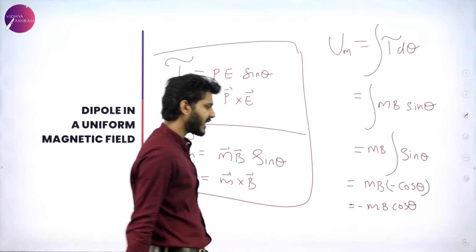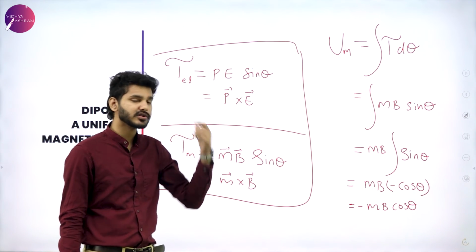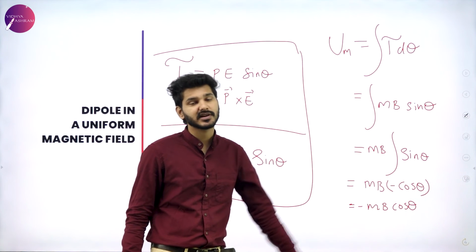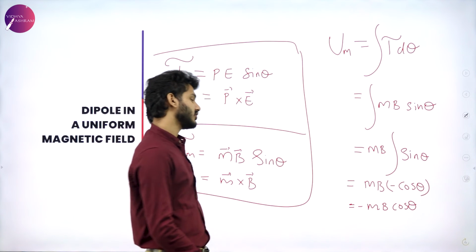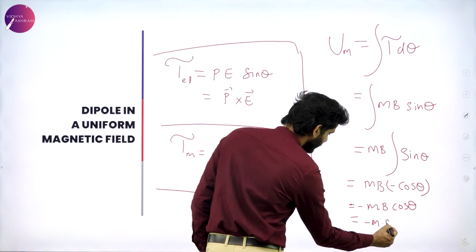And we know that if the angle between two vector quantities gives sine, then it is a cross product. Since the angle between two vector quantities here is cos theta, we can say that it will be a dot product. So we can write it as minus m dot b.